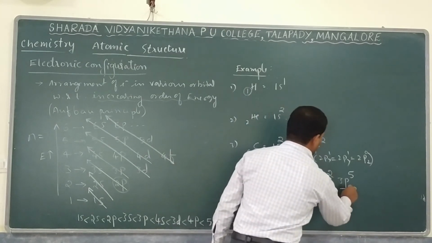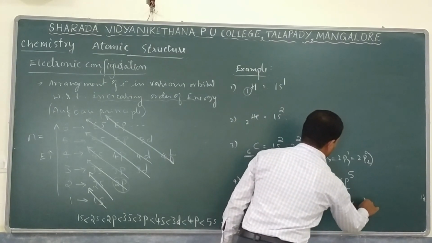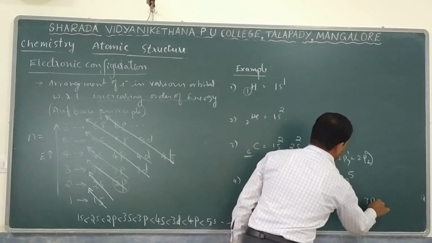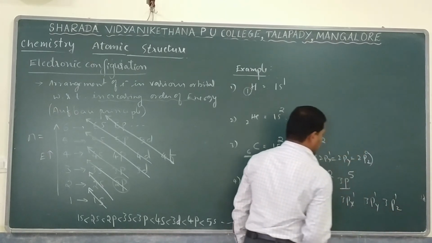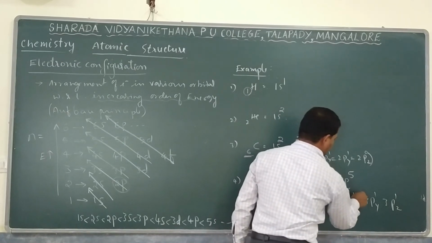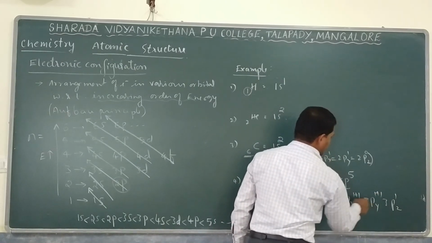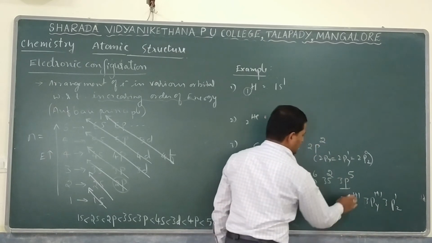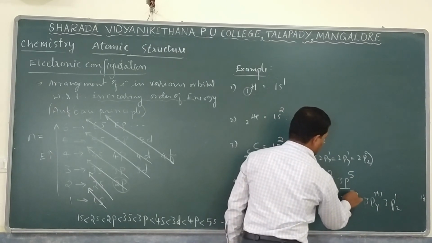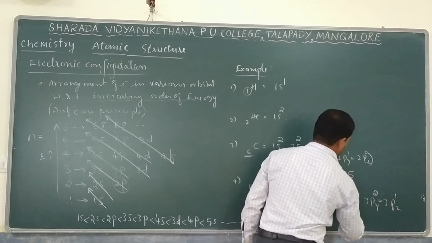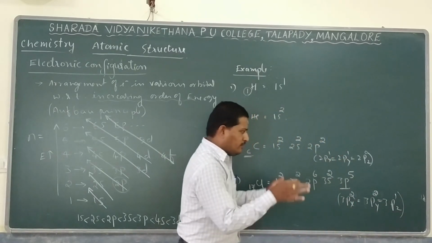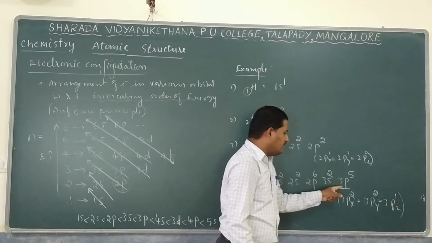In this case also there are 3px, 3py and 3pz. Here also electrons first occupy singly, then 2 extra are there, so pairing takes place in px and py, leaving pz with one. So it is 3px2, 3py2 and 3pz1. This is the actual configuration, but if you compress it, we write 3p5.